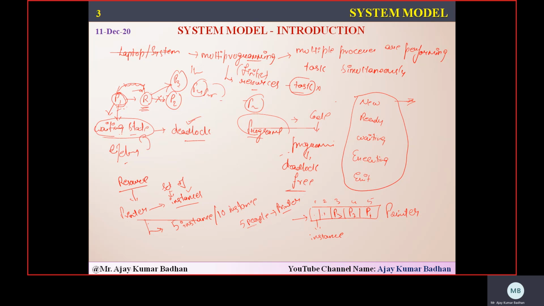This is P3, P4, P5, like this. The printer will take these requests simultaneously, but whenever it is printing, it will print one by one. First P1's output will come, then P2, P3, P4, P5. If a P6 process comes up, and the printer hasn't started printing, we don't have another instance to store the request of P6.